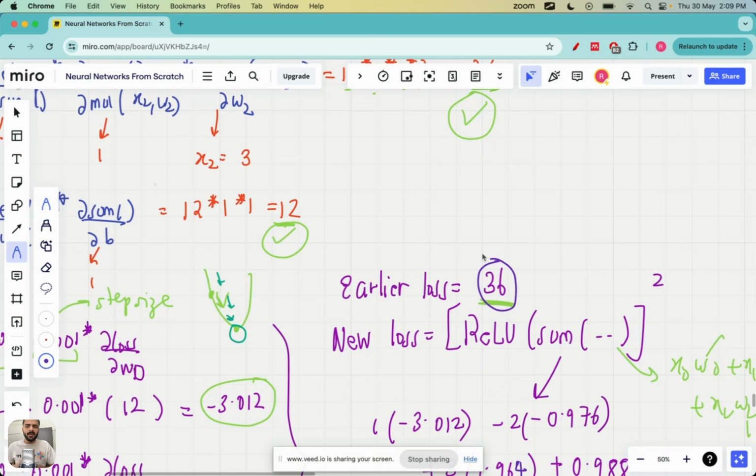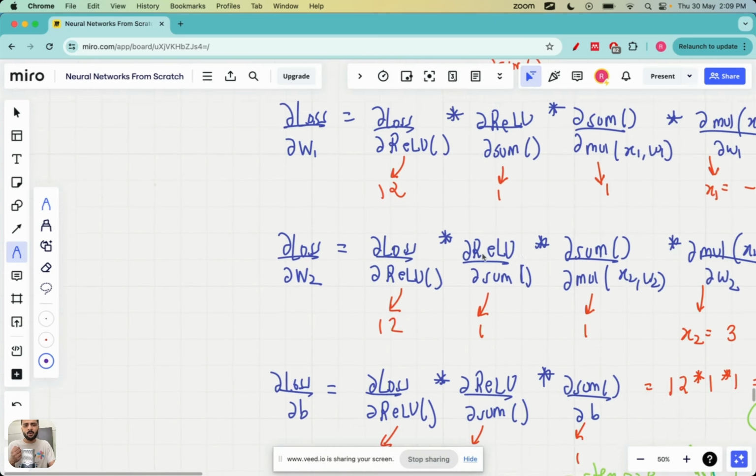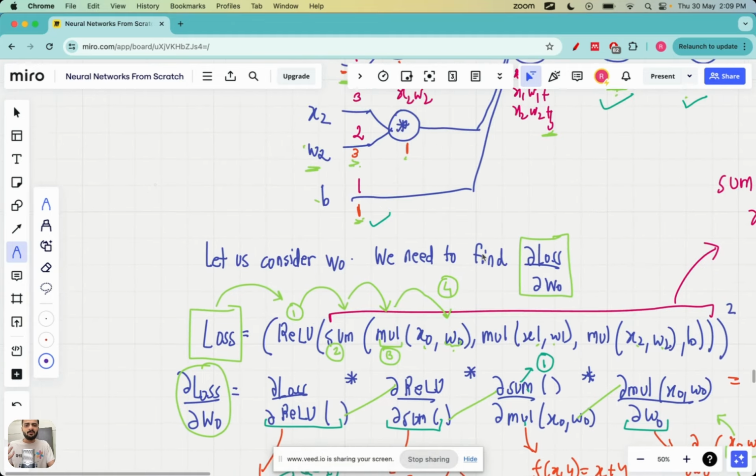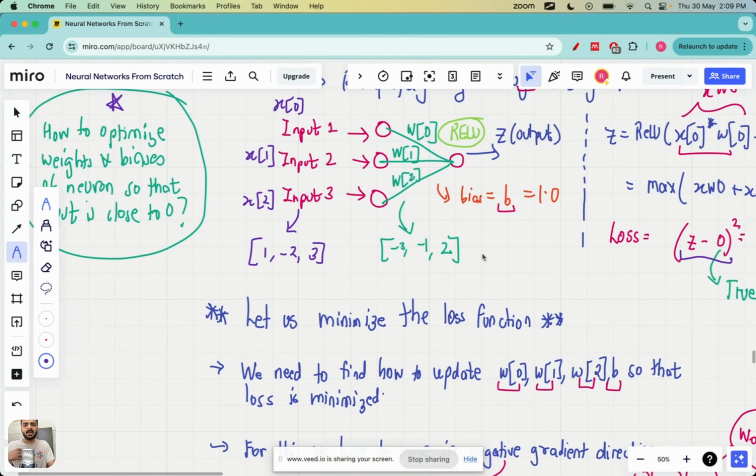Then I took you to the Python code, and I showed 200 iterations, and we showed that the loss almost decreased to 0, which means the weights and biases of this single neuron were tuned so that we were close to the desired output value of 0.